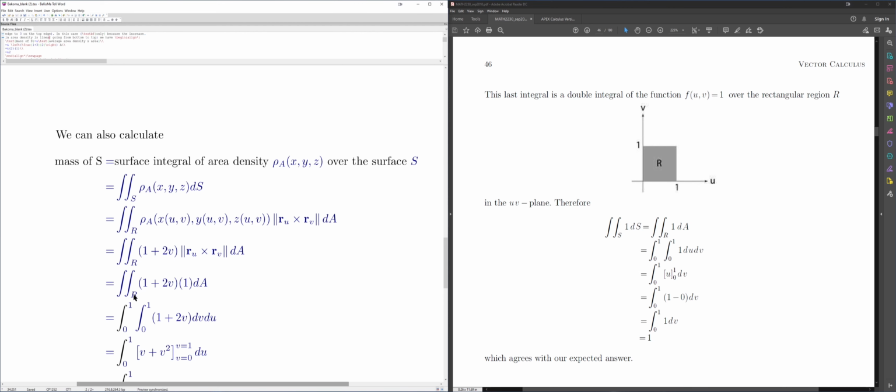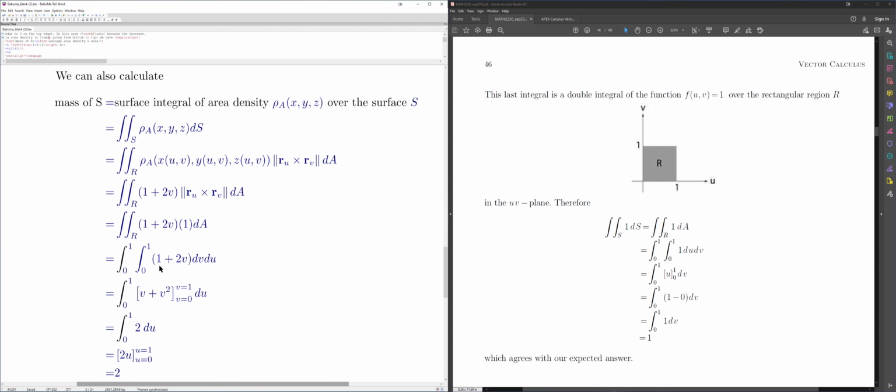This region R is a rectangular region, so I'm integrating 1 plus 2v over region R. The v limits are between 0 and 1, and the u limits are between 0 and 1.